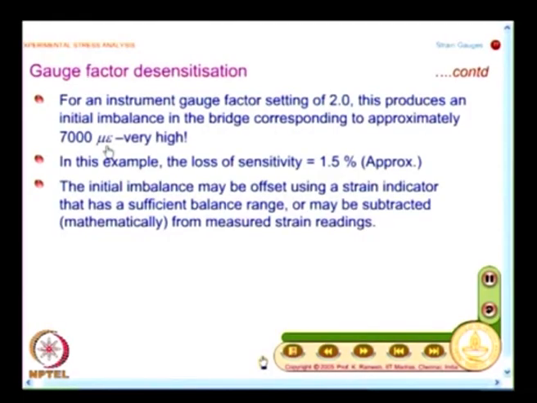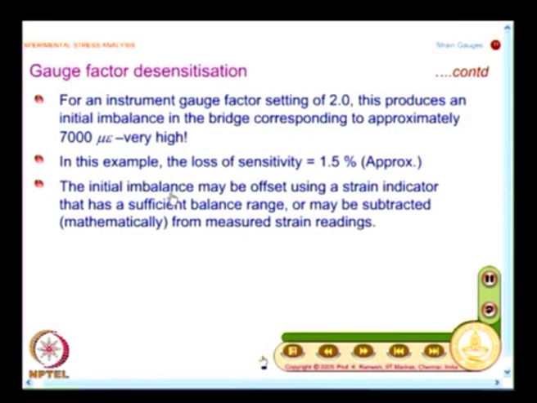And when I have this, we have already seen what is the loss of sensitivity. It is given as ratio of the lead wire resistance to the strain gauge resistance, which is something like 1.5% approximately. And what you will find is because it is 7000 micro strain, initial imbalance is difficult to offset.